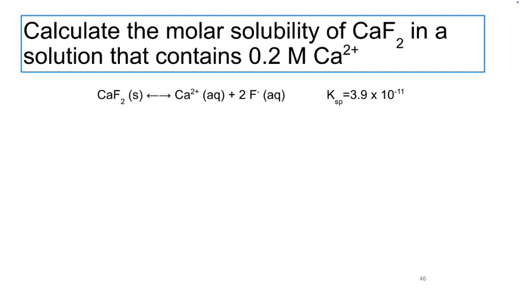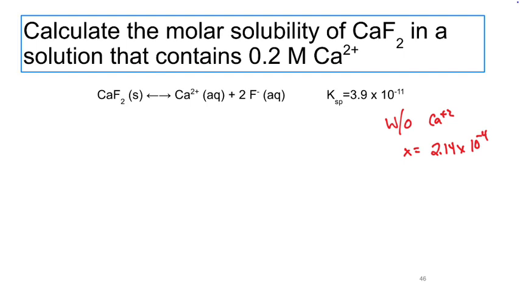Without calcium ion present, what was your x for CaF2? 2.14 times 10 to the negative 4. You should check your work. That was our molar solubility with 0 calcium ions present.